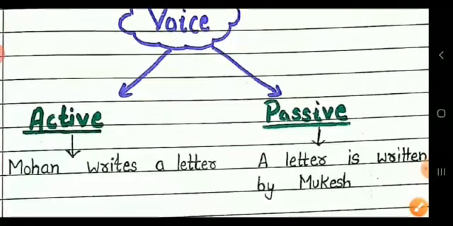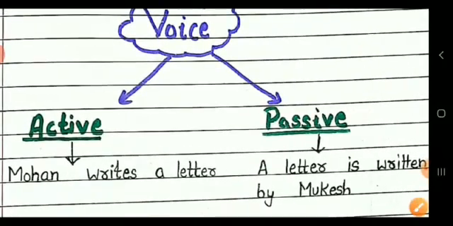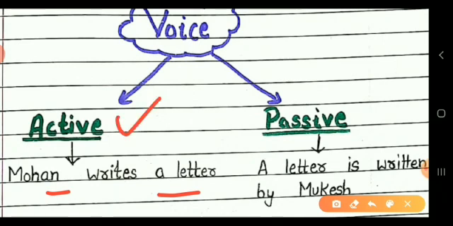And passive, a letter is written by Mohan. Here, the focus is on an object. In "Mohan writes a letter", the focus is on the subject, and in passive voice the focus is on the object, and one new word is introduced in this, that is "by".